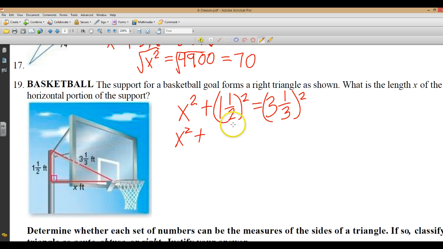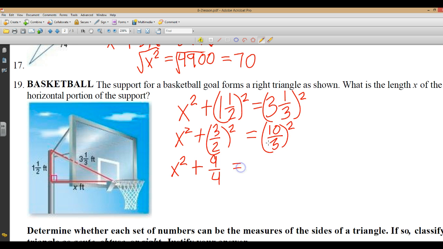And I'm just going to convert this into an improper fraction. And this as well. So when I square those two, I would get 9 over 4. And these two, 100 over 9.